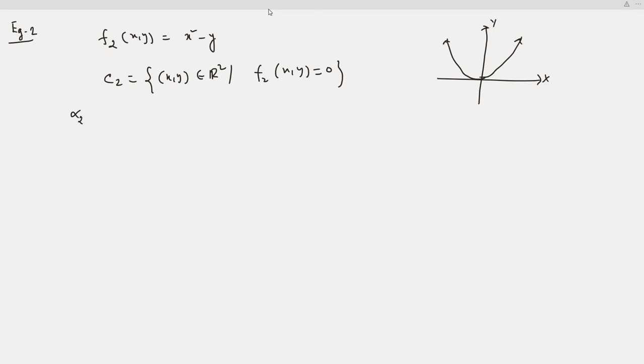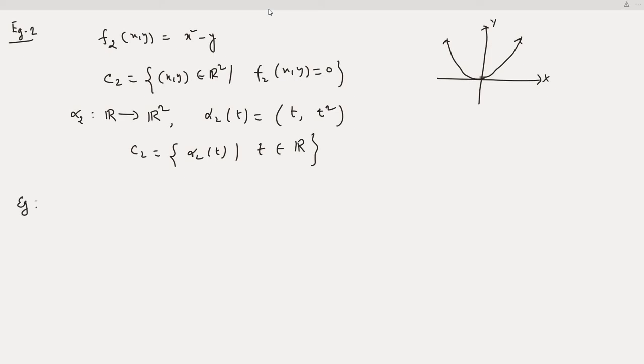Equivalently, one can write alpha 2, a function from R to the Euclidean plane R2, defined by alpha 2 of t equal to (t, t squared). Then C2 equals the set of alpha 2 of t such that t belongs to R.